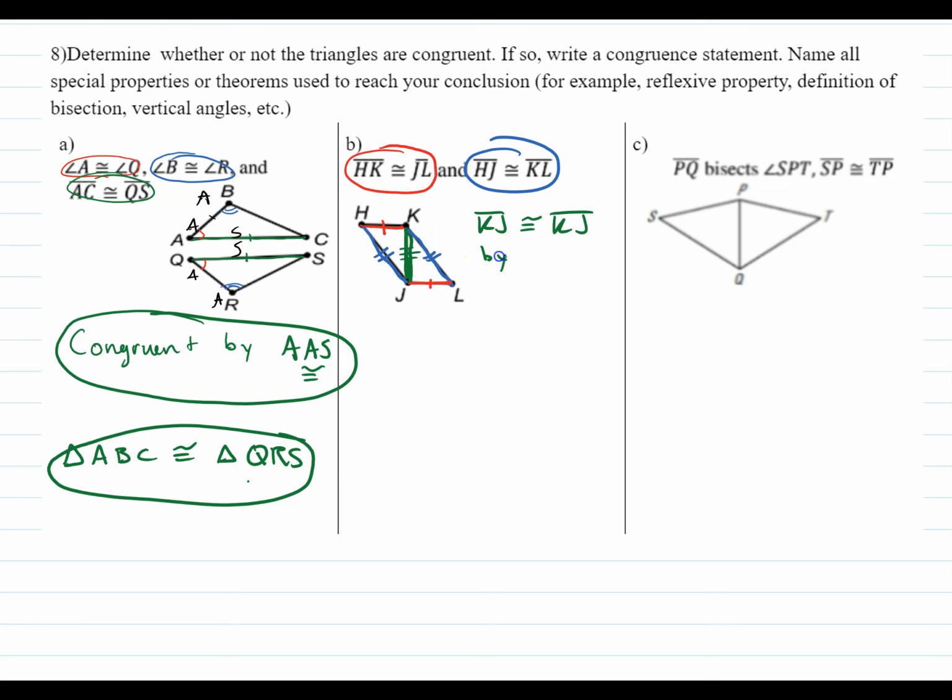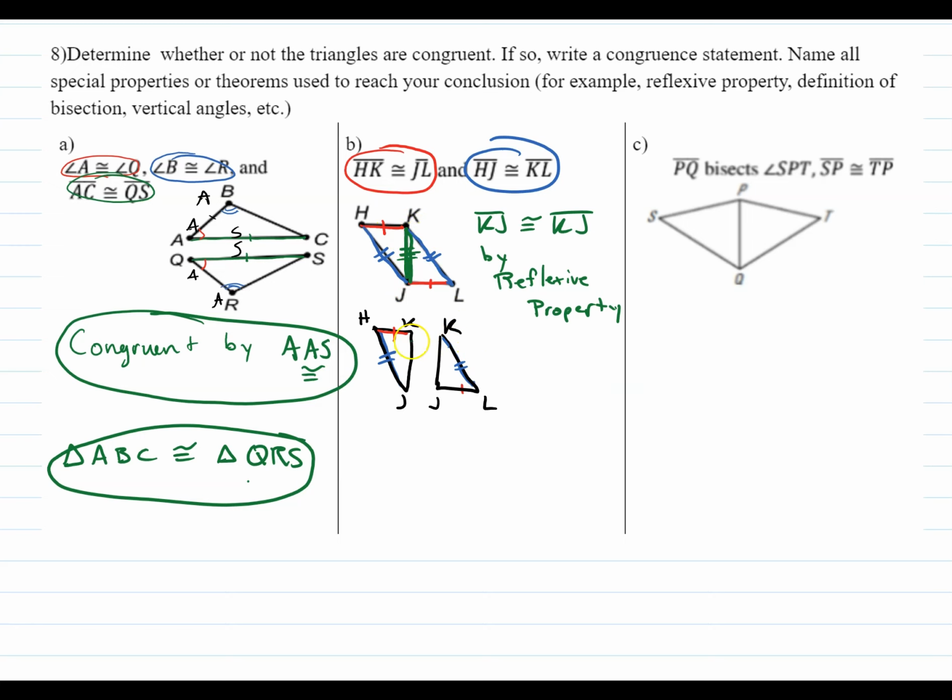This is by the reflexive property. When two triangles are touching, you can say that this shared side is common between the two triangles, so it's congruent to itself. This one's a little strange. You don't have to draw this, but just to help you understand, if you cut these two triangles apart, then you would only know the blue and the red sides are matching.